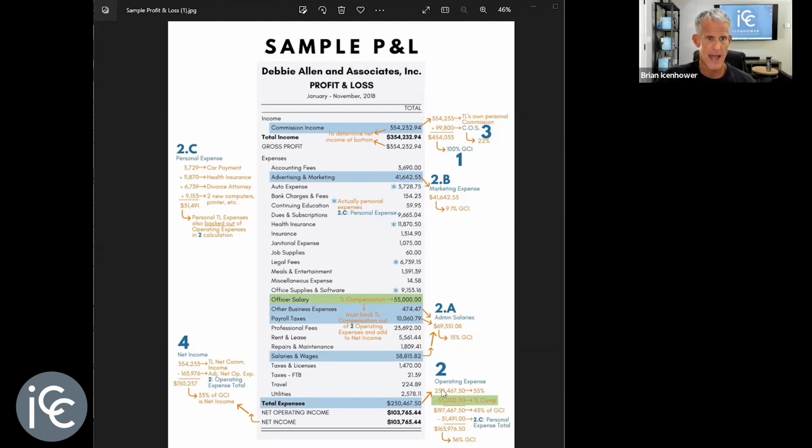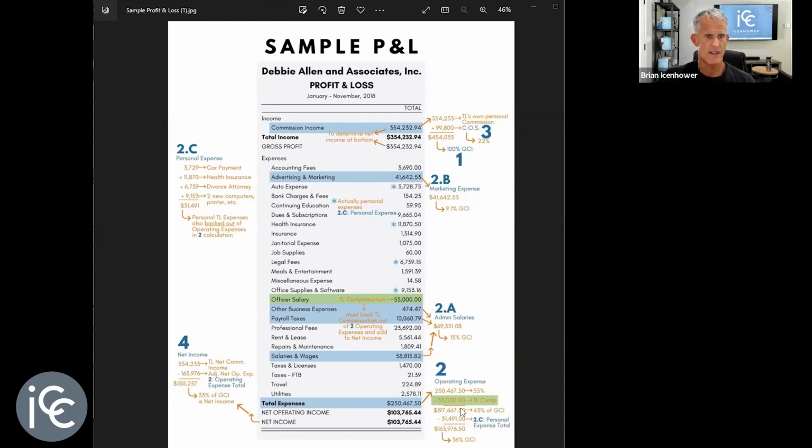And then we back those out of your gross operating expenses to get an adjusted operating expense amount, and determine what percentage of GCI that is. Okay.